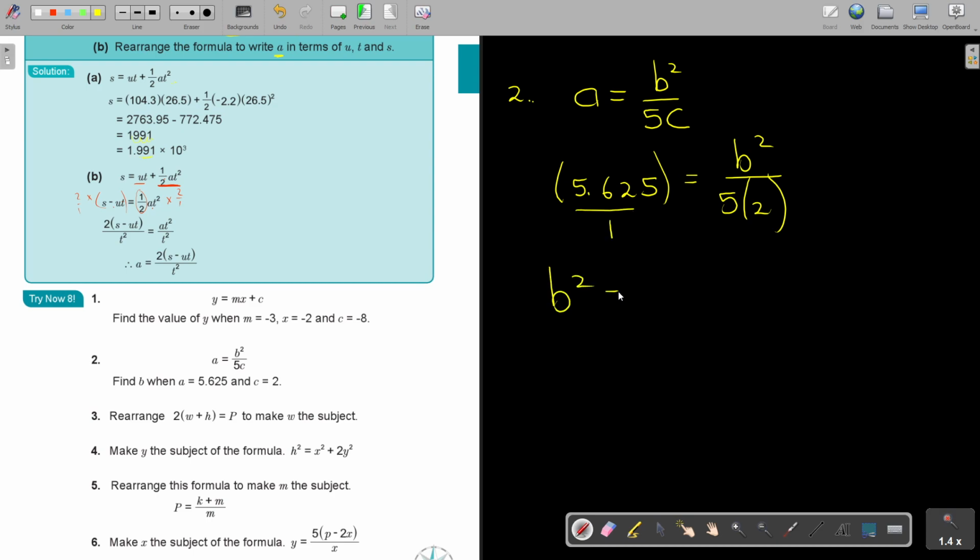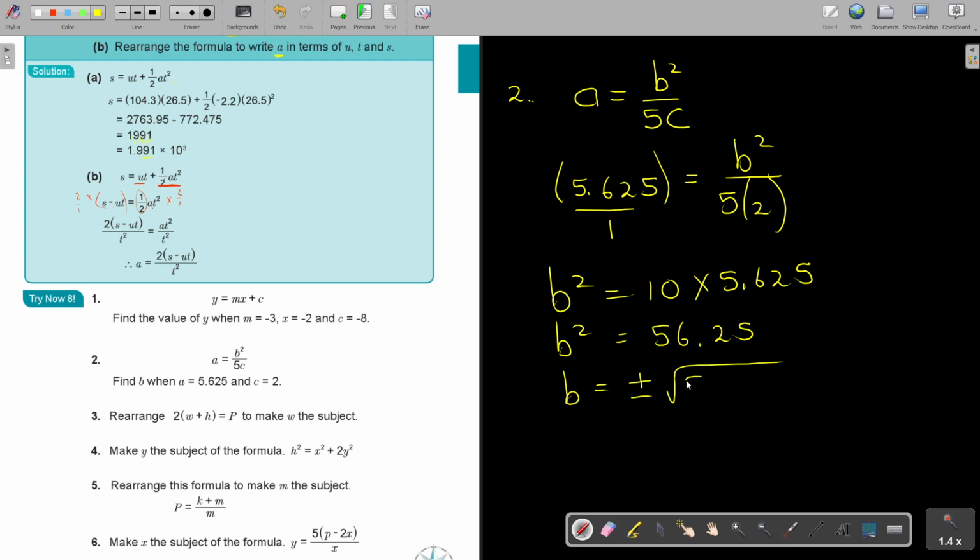So B squared is going to be 10 times 5.625. So B squared is going to be 56.25. And then don't forget, as soon as you take the square root, that you must write plus minus. So take the square root to get that square away, and you're going to get plus minus 7.5.